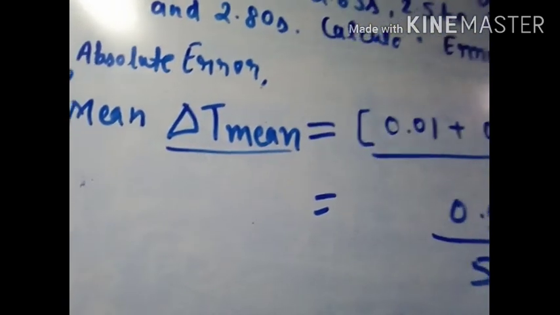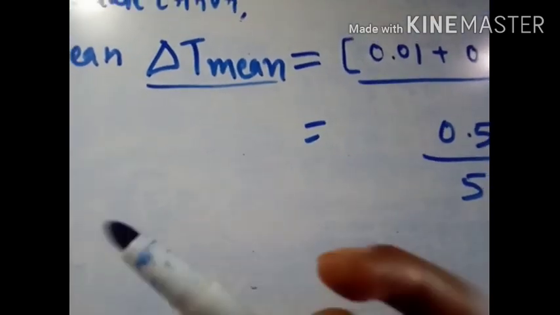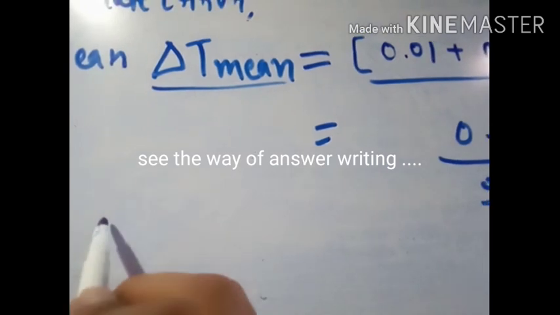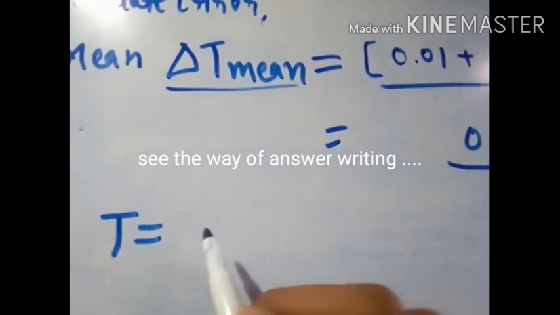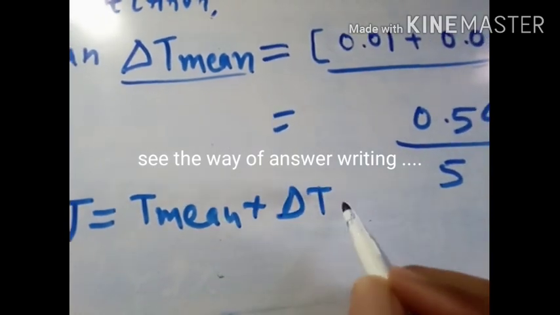So if I want to write the answer along with the error, what will we do? Look, then t will be equal to t mean plus or minus delta t mean.